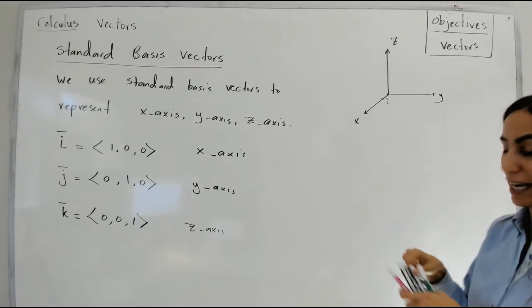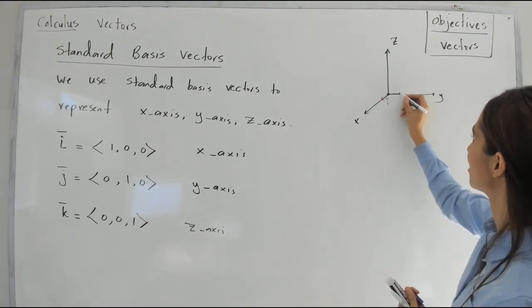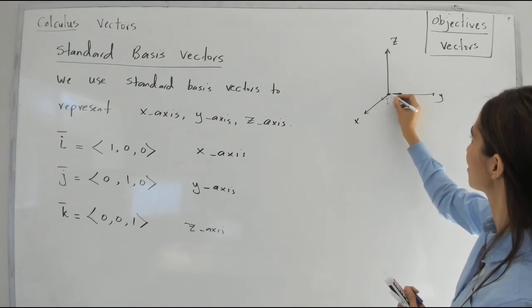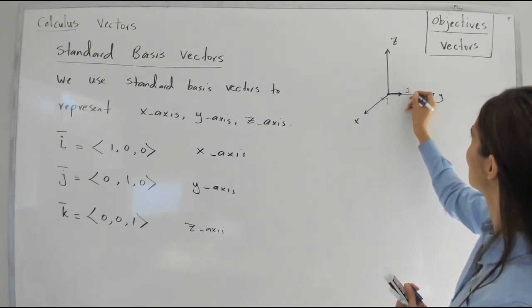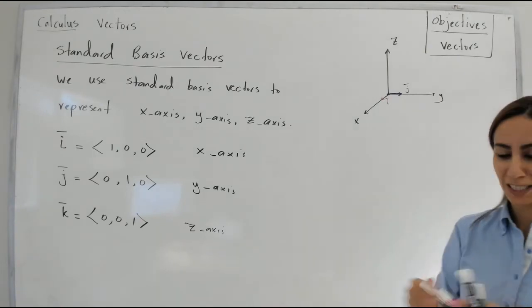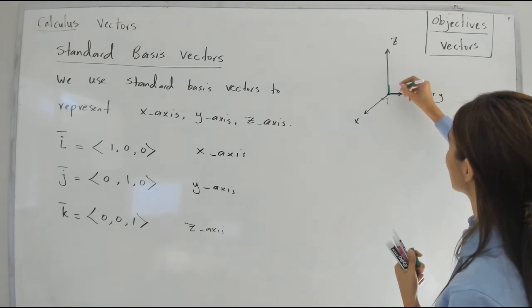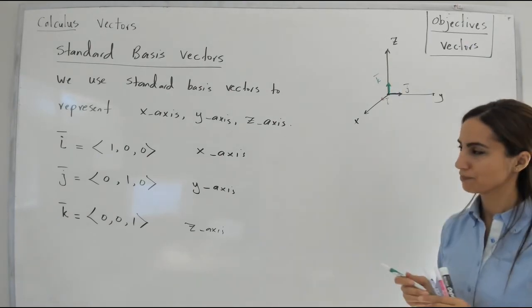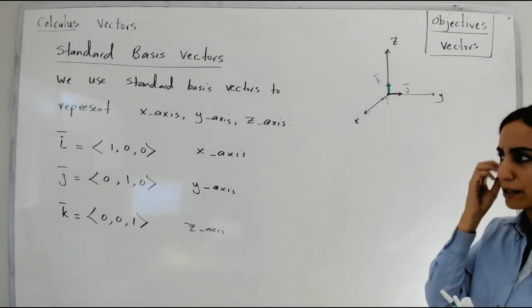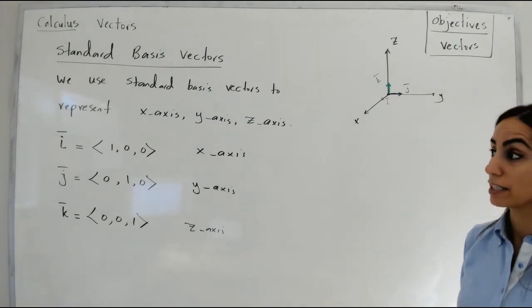On the y-axis, here we have the j standard basis vector, and finally for z we're going to have this nice vector with the same length but in the direction of the z-axis.